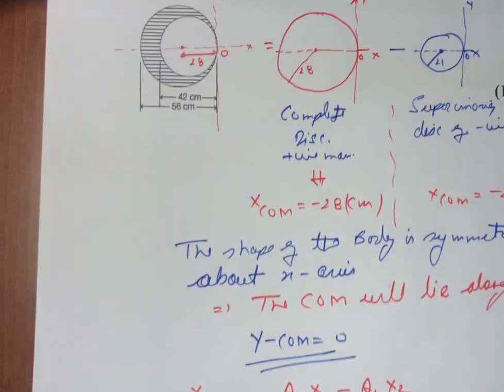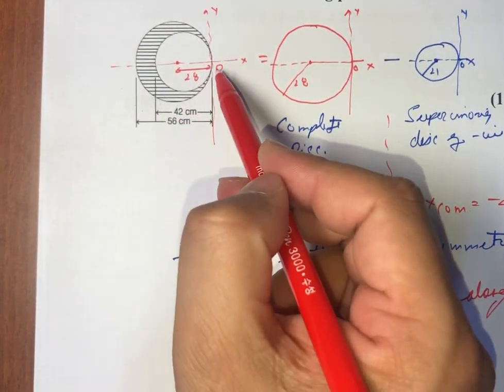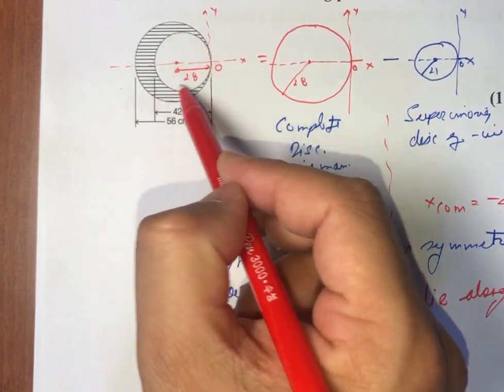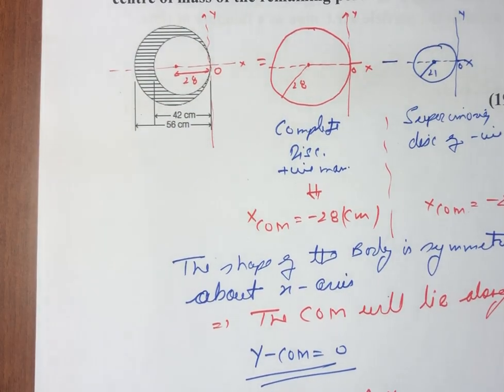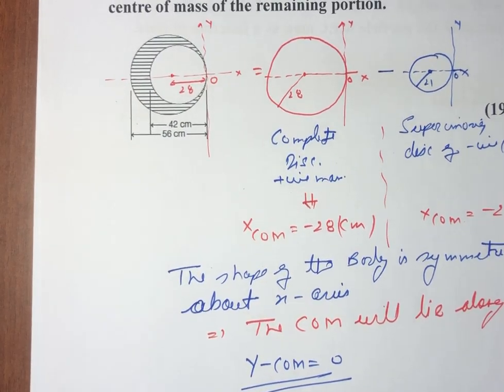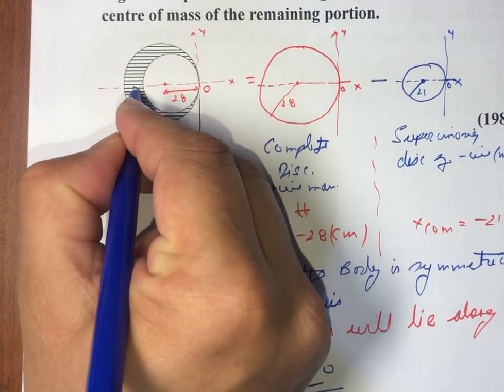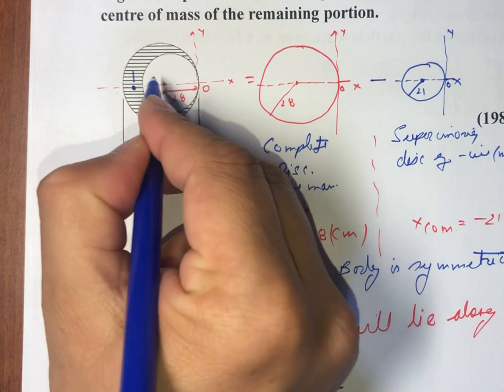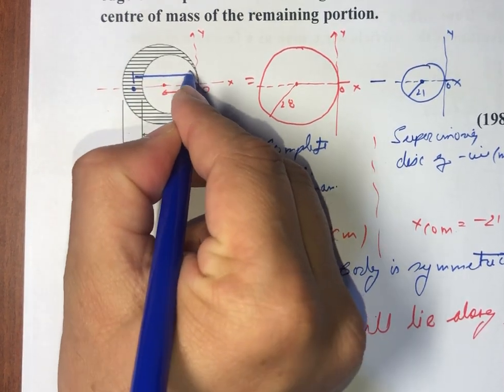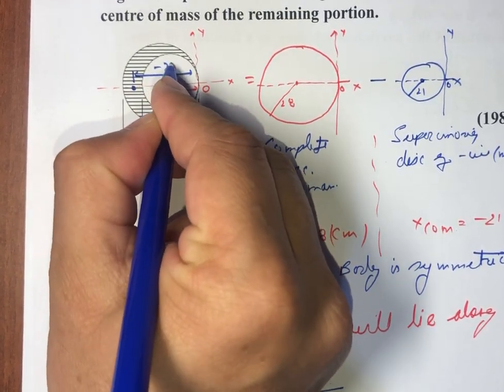So it means this is a bigger disk superimposed by a smaller disk, and their center of mass is coming minus 37 from this 0. So it will be somewhere here. This length is minus 37.